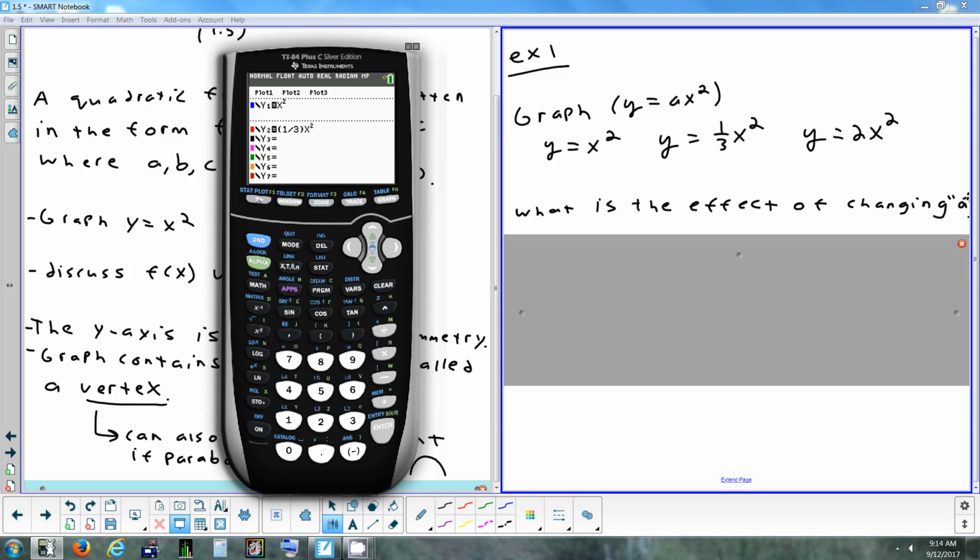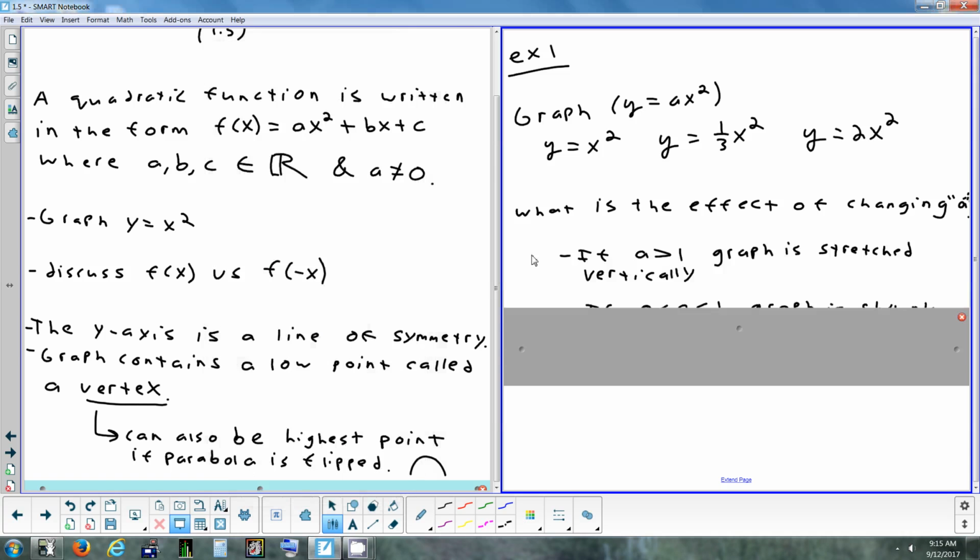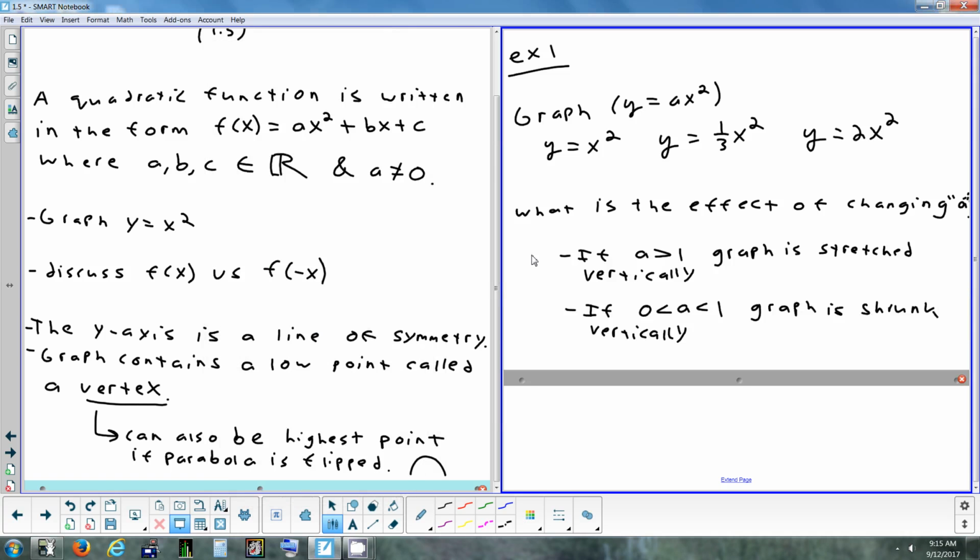So now what do you think is going to happen if I put in a 2x squared? Horizontally, what would it do vertically? It's going to stretch. So this one is going to look taller and skinnier. It's going to be inside the blue parabola. So the effect, we're going to describe it as having a vertical effect.